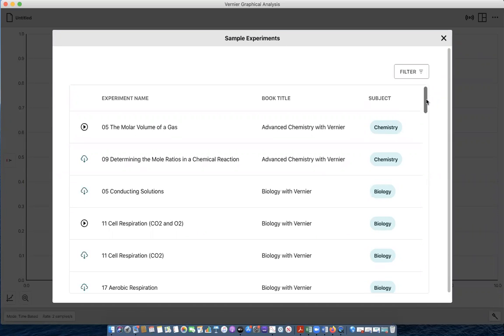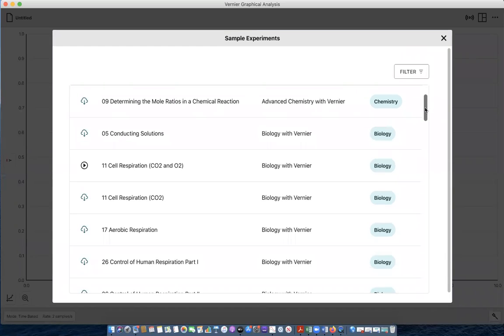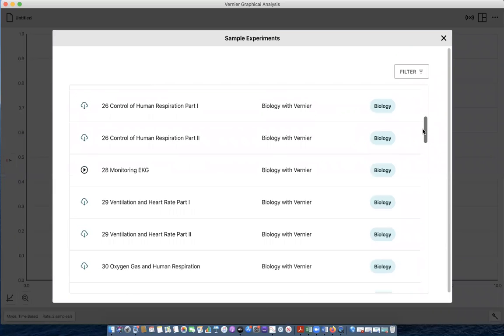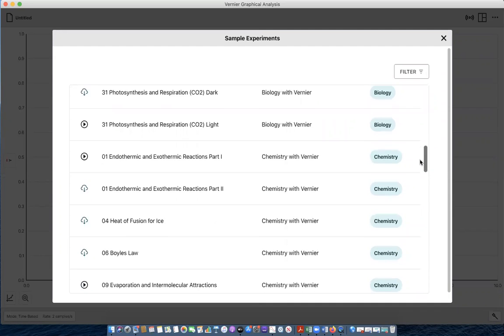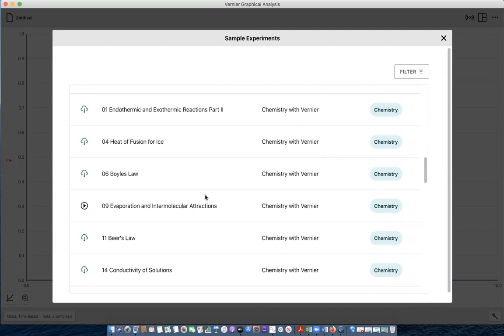Right now, there are approximately 40 different experiments in chemistry, biology, physics, and middle school science, and you can choose any one of these to work with your students to see the results of an experiment.